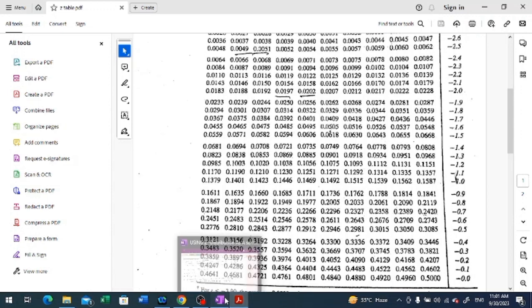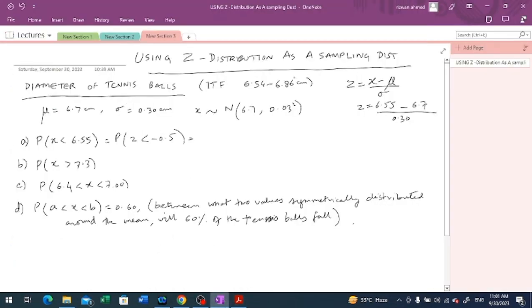So this is our answer. There is a 30.85% chance, a probability of 0.3085, that a randomly selected tennis ball will have a diameter less than 6.55 centimeters.